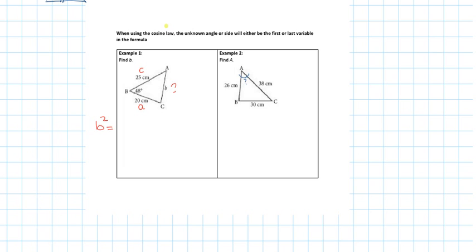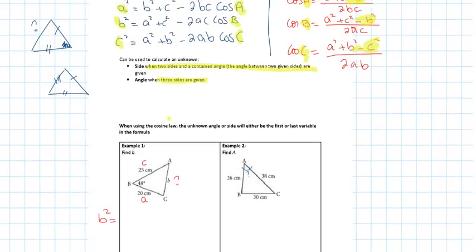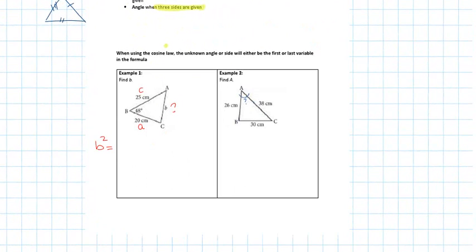Because I'm looking for b, I'm going to have to use b squared equals a squared plus c squared minus 2ac cosine B. So all I have to do right now is put the numbers in. b squared equals 20 squared plus 25 squared minus 2 times 20 times 25 cosine 48.